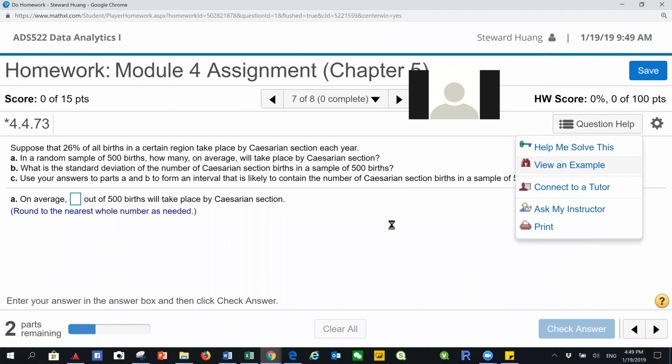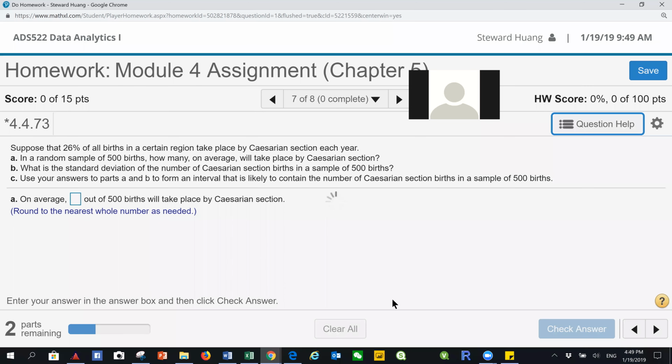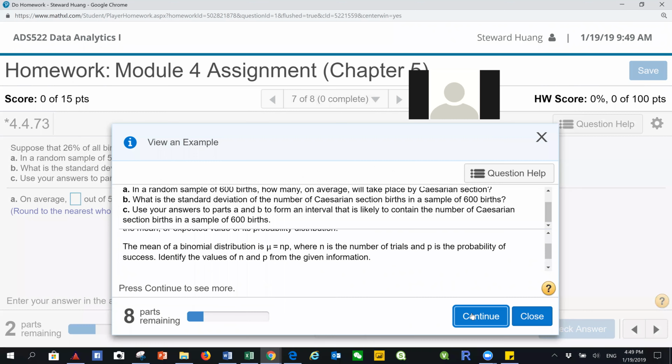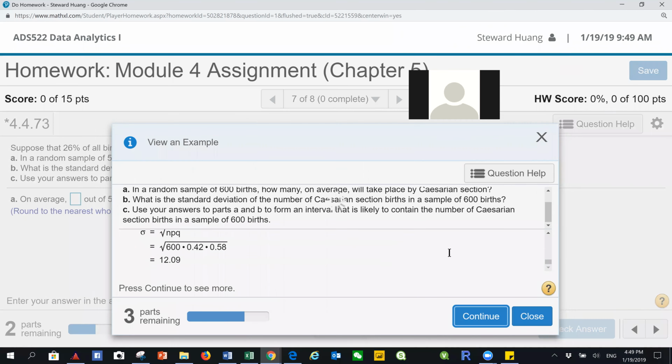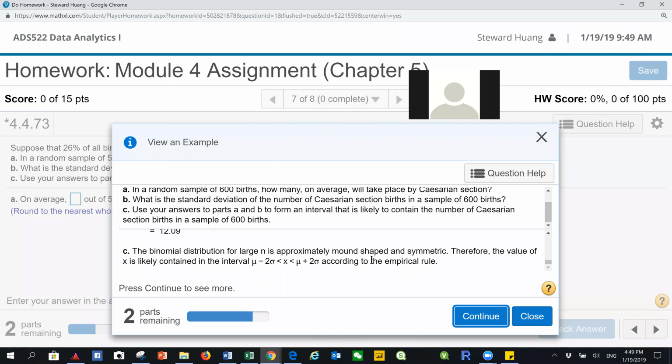Let me take an example. Yeah, we did everything correctly. The binomial distribution for large n is approximately mound shaped or symmetric. That's also in the slide.